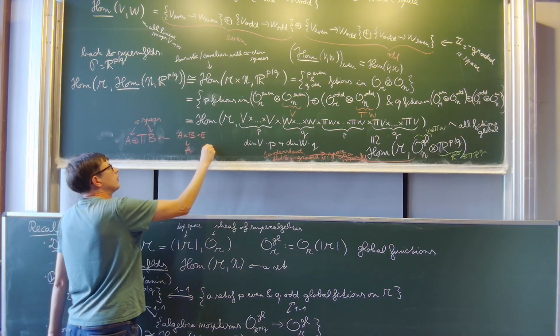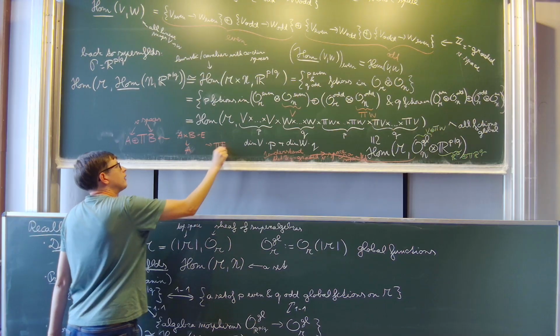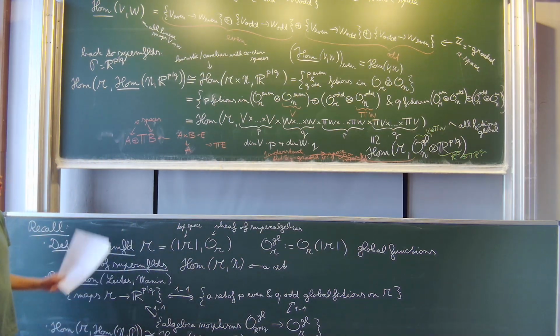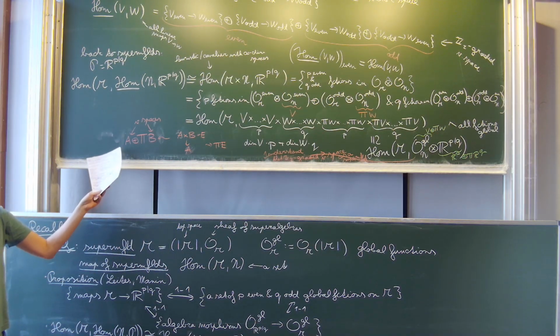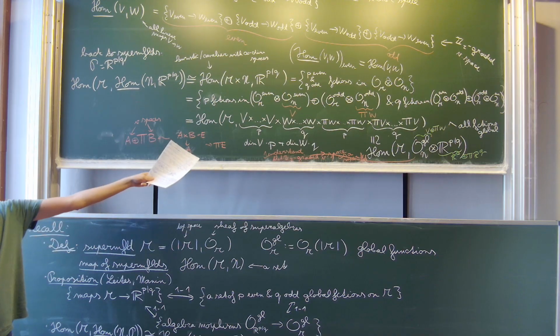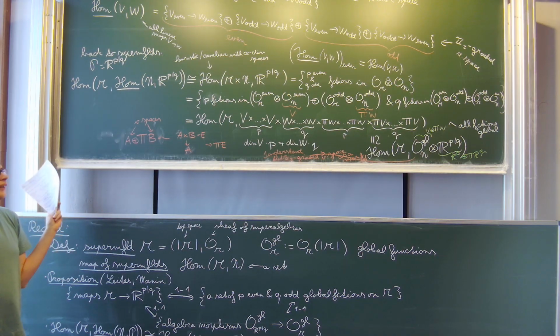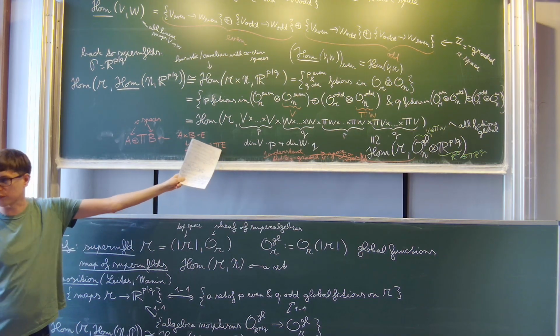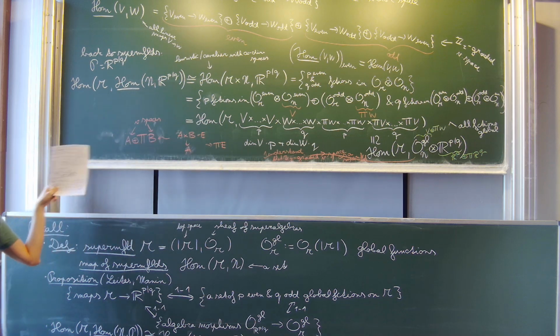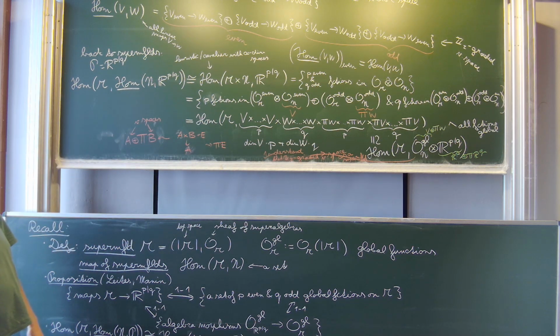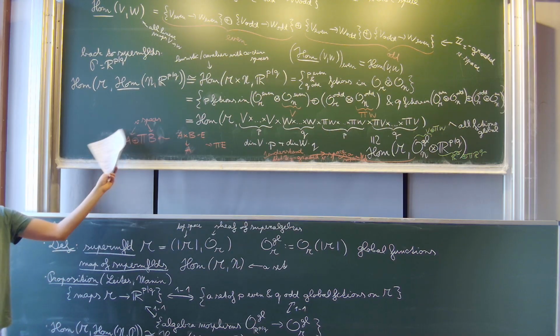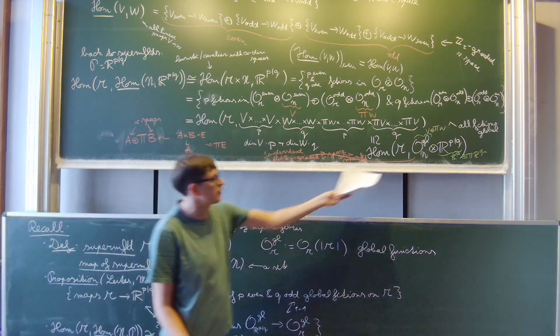You take this parity shift of E. Maybe that's an unnecessarily complicated way to say how you see the supermanifold corresponding to a supervector space. Just before, I introduced this notion of a parity shifted vector bundle, that's why I wanted to connect it. If this is confusing, feel free to forget about it. Anyway, this is the result.